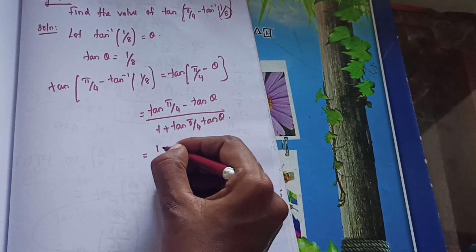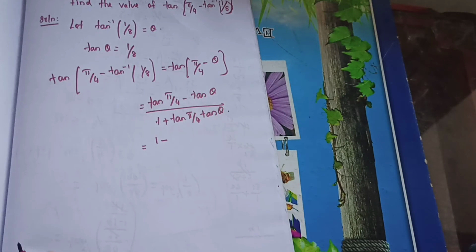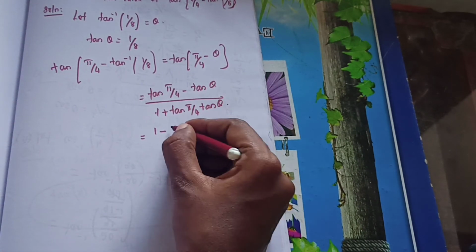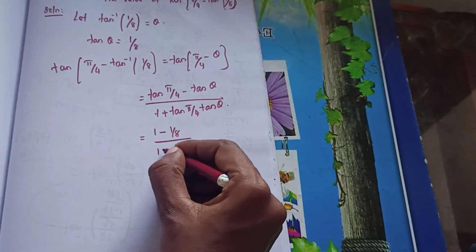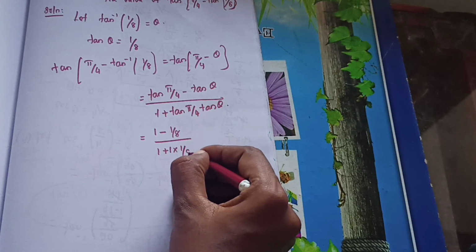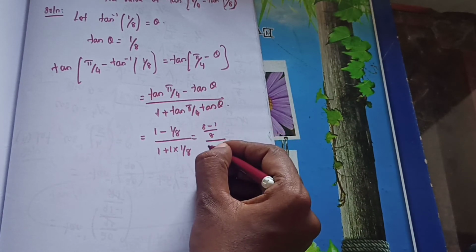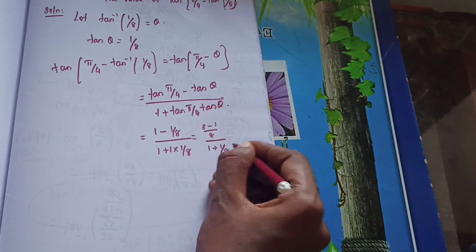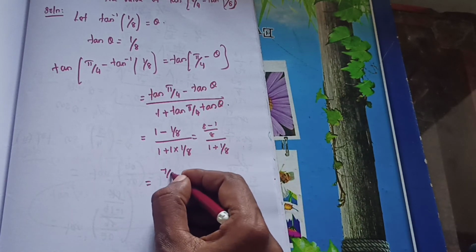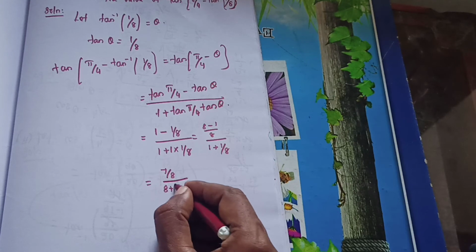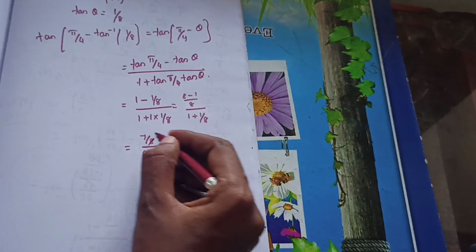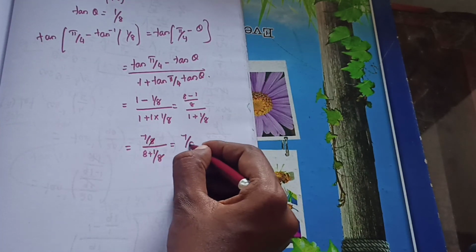So tan pi by 4, what's the value? 45 degree, that is 1. Then tan theta, what's the value? 1 by 8. Then 1 plus 1 into 1 by 8. That's equal to 1 minus 1 by 8 divided by 1 plus 1 by 8. That's equal to 7 by 8 divided by 8 plus 1 by 8. So this will get cancelled. You will get the answer as 7 by 9.